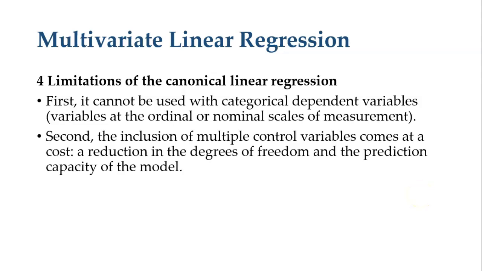The second limitation of the linear regression is that when you have the possibility of including multiple control variables, maybe you just include as much as you can. I have seen regressions with 30 explanatory variables, very large and very difficult to interpret. But this comes at the cost of reducing the degrees of freedom or the prediction capacity of the model.